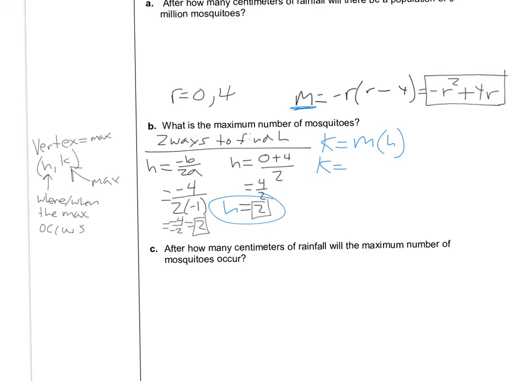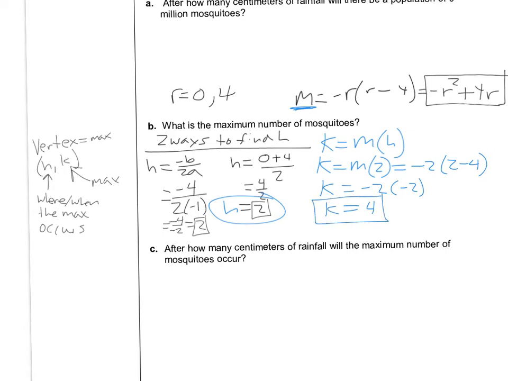So K equals M of 2, which is, I'm just looking at this equation right here, simply negative 2 times 2 minus 4. So K equals negative 2 times negative 2, so K equals positive 4.